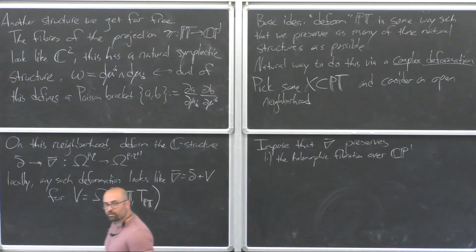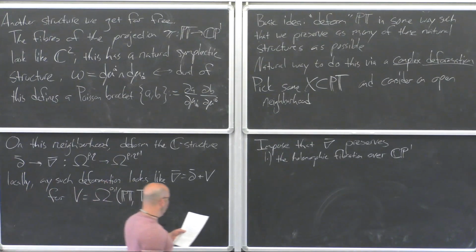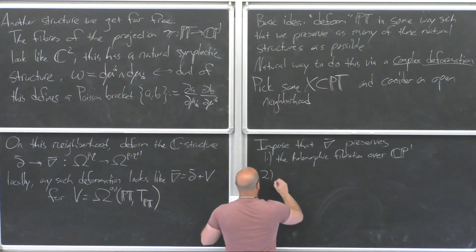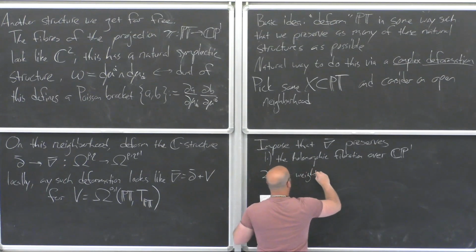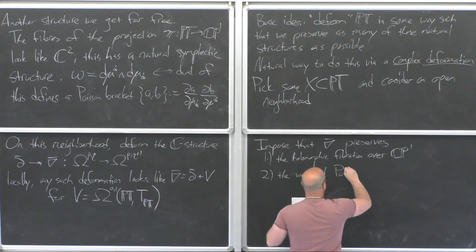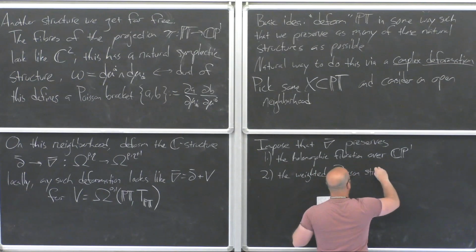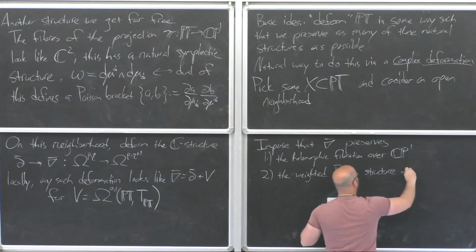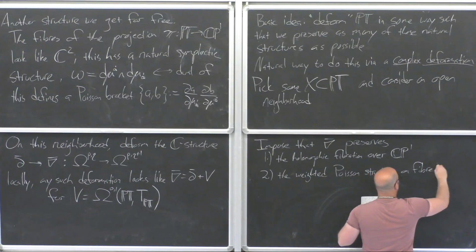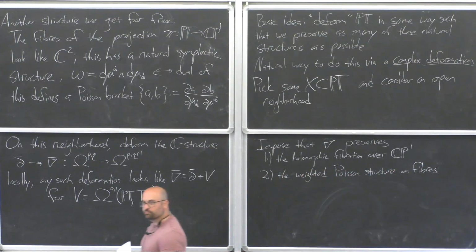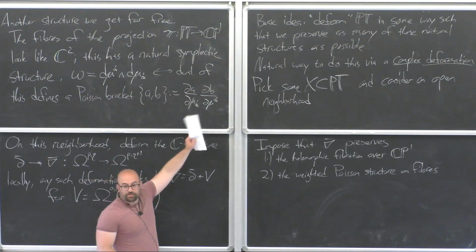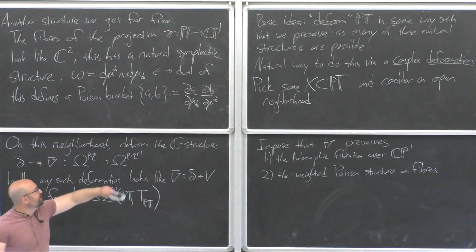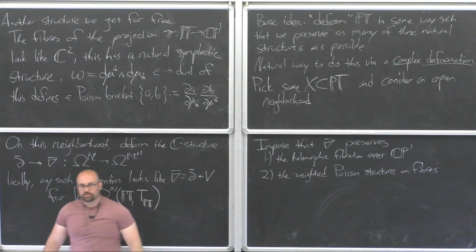This was our map that sent Z to lambda. We're going to ask that it preserve the weighted Poisson structure on the fibers of this fibration. So why did I call this weighted? Because mu carries projective weight, right? So this is like a weight minus 2 Poisson structure.